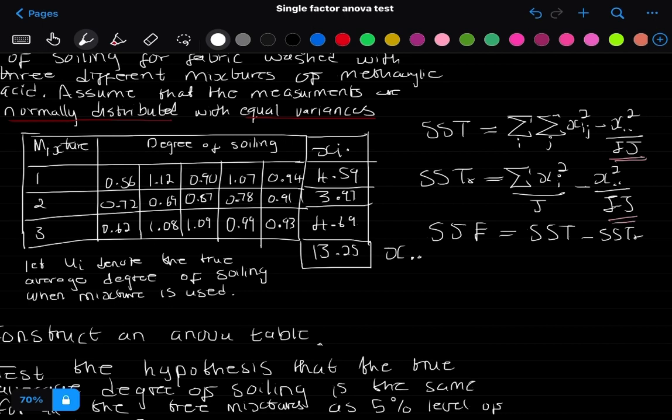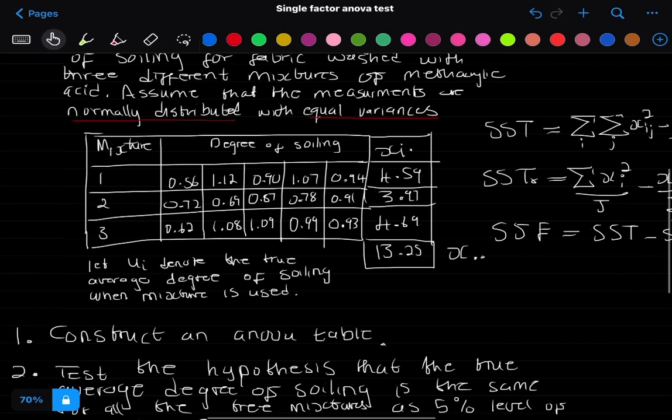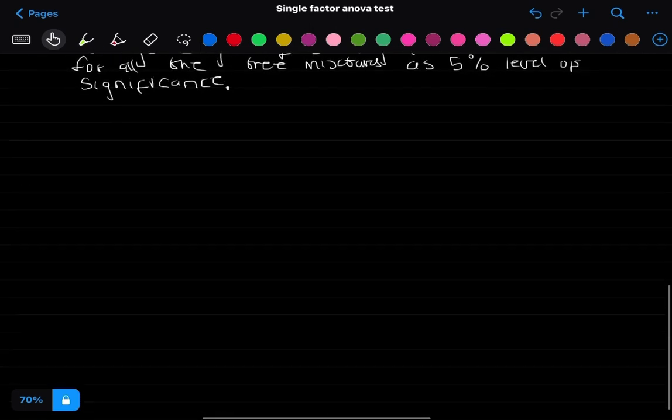So basically this is derived from the identity, which is originally written as SST is equals to SSTR plus SSE. Now, therefore, we have this right now. Now, let's construct our ANOVA table.